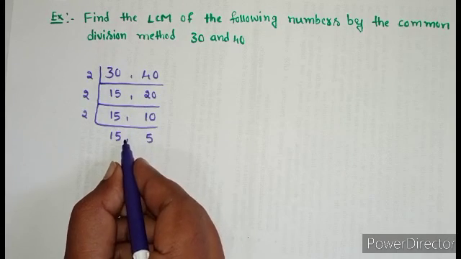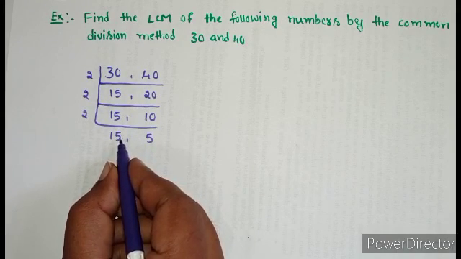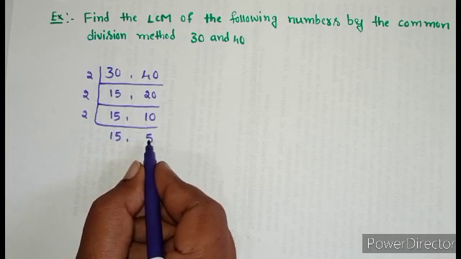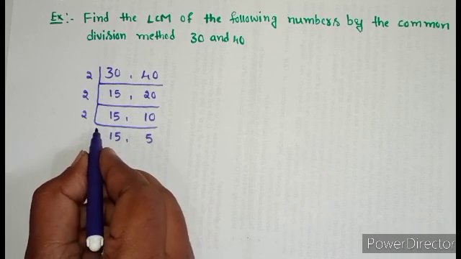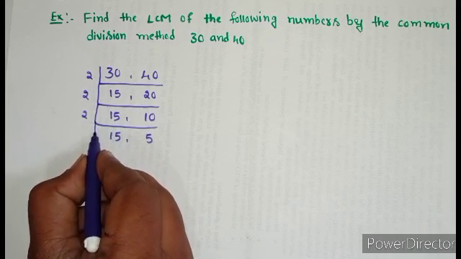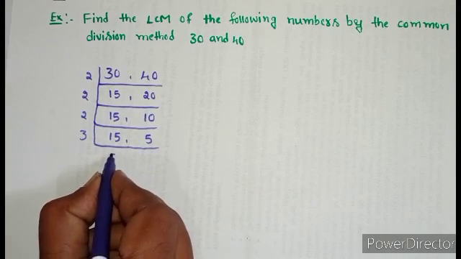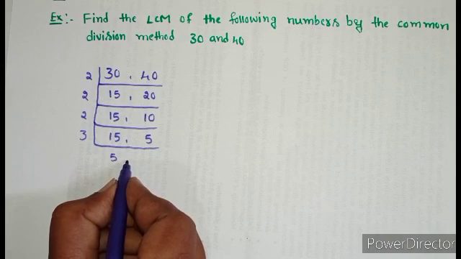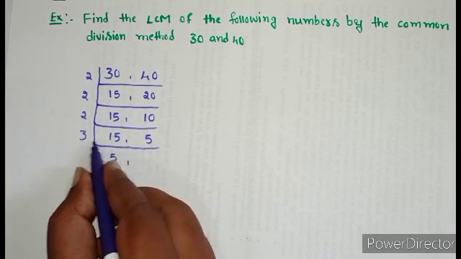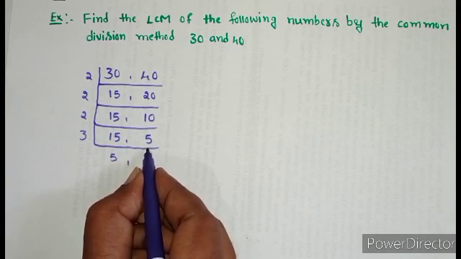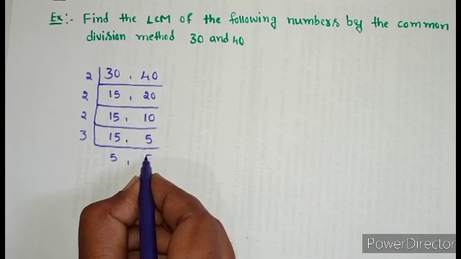Okay, here the smallest prime number which divides these two numbers is now 3. Okay, all of you see here. 3 5s are 15, and from 3 we can't divide 5, right? So bring down as it is.